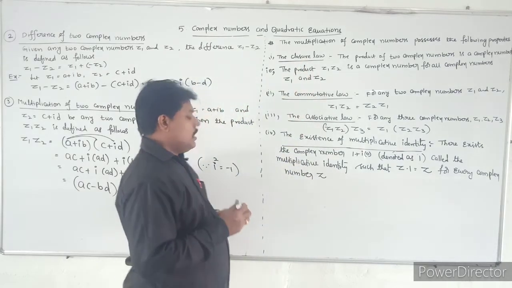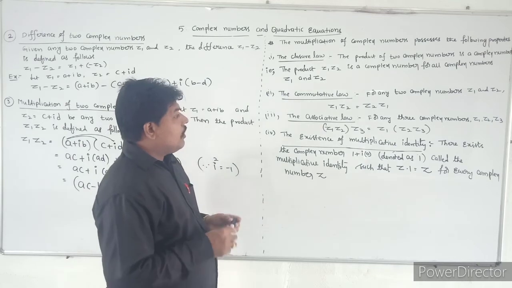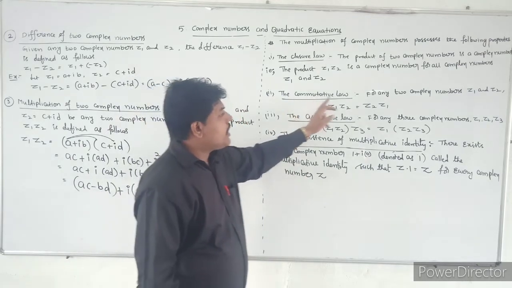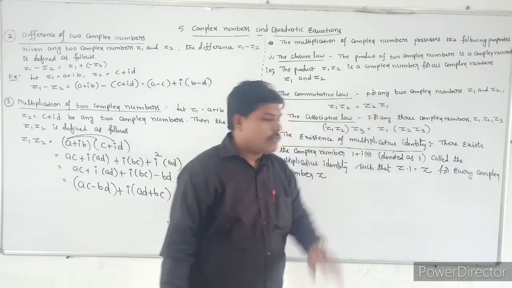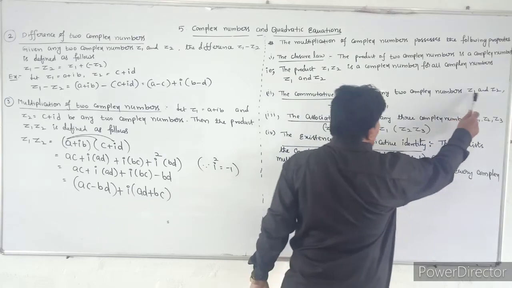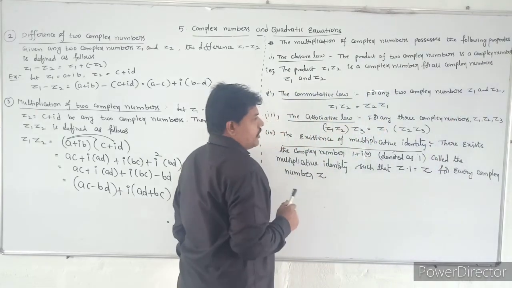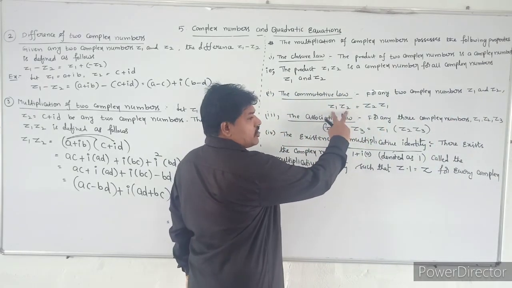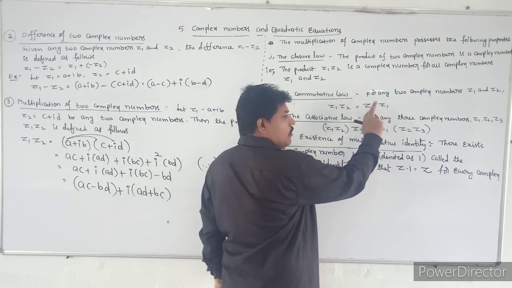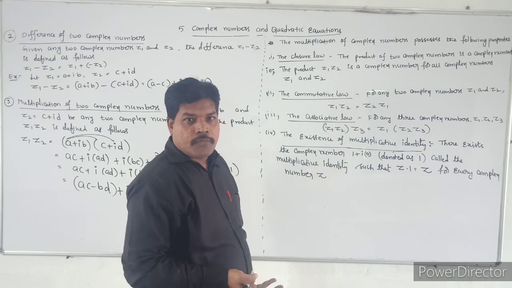Similarly, the commutative law. In the addition also we already proved that. What is the commutative law? The commutative law is nothing but, for any two complex numbers Z1 and Z2, if you multiply in the order Z1, Z2 or Z2, Z1, both are the same. Why?